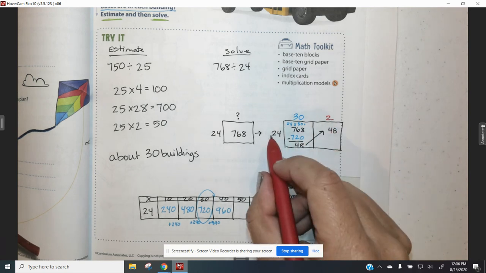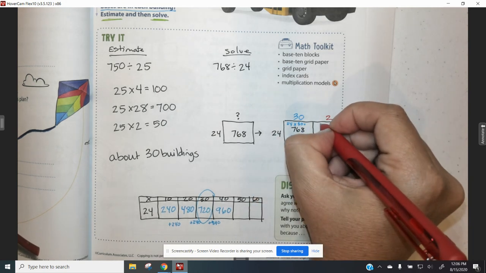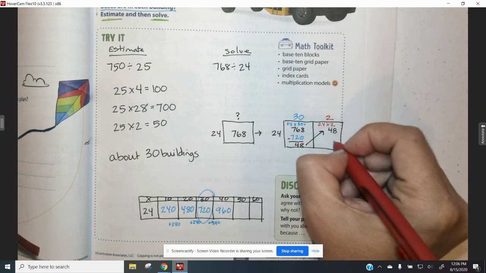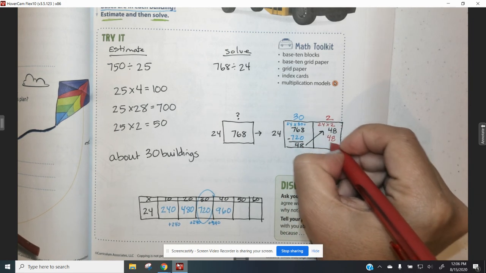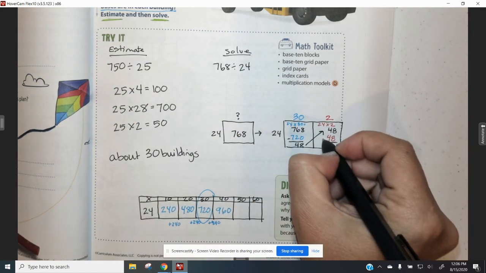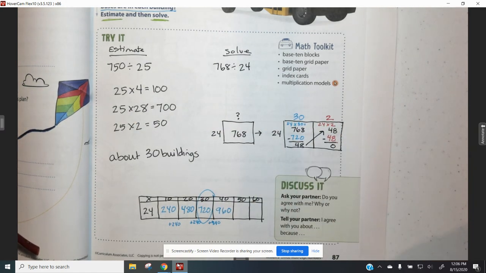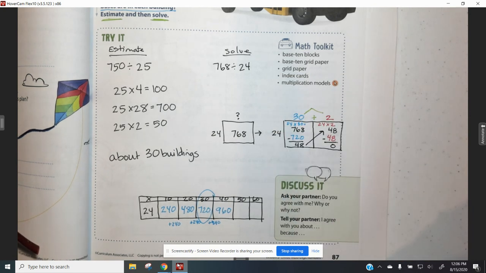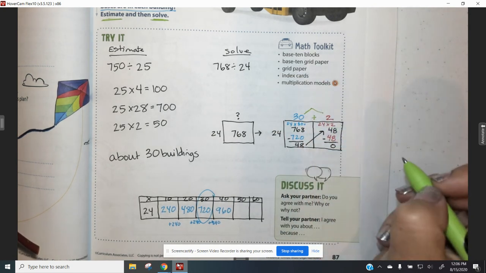And then 2 times 24, I'll write that right here. 24 times 2 equals 48. And then when I subtract, I have no remainder. So when we add these together, that gives us our final quotient.